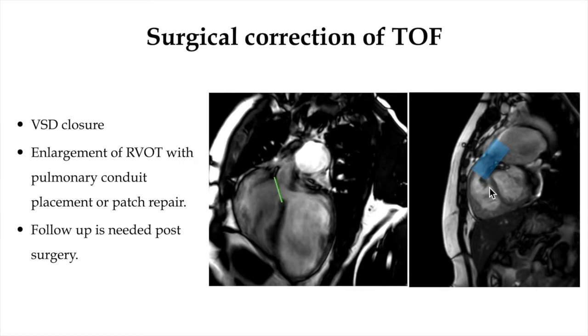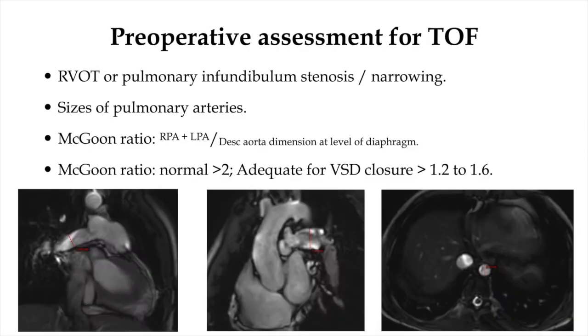The patch repair can be an infundibular patch or a transannular patch repair. If it is a transannular patch repair or a conduit repair, then they do not put a pulmonary valve during this repair. Therefore, there are chances of pulmonary regurgitation and follow-up is needed post-surgery in these patients.